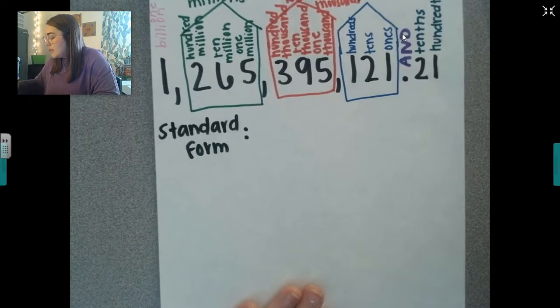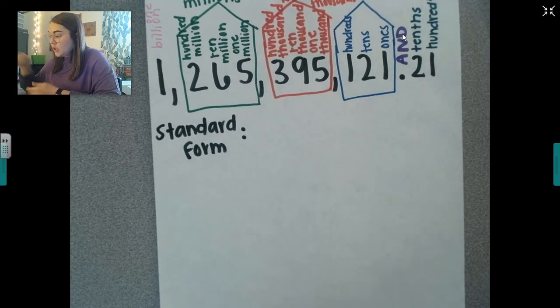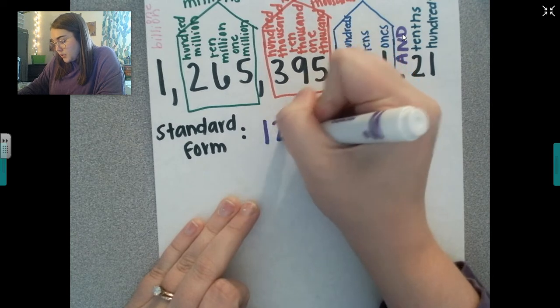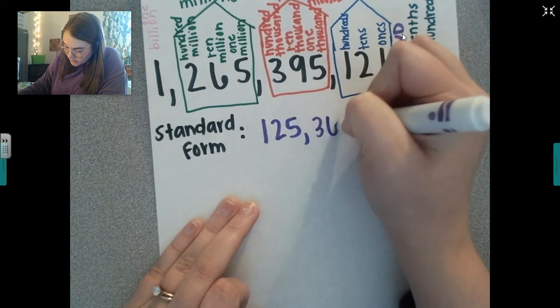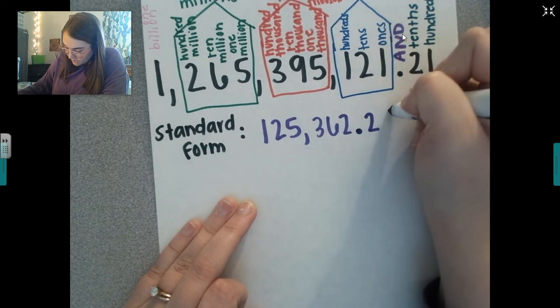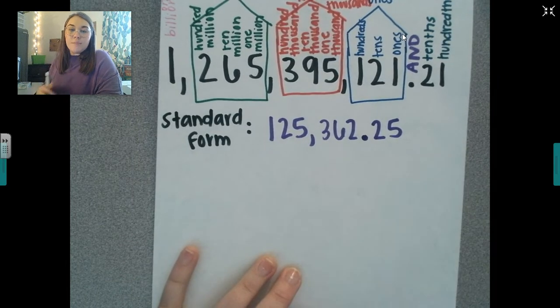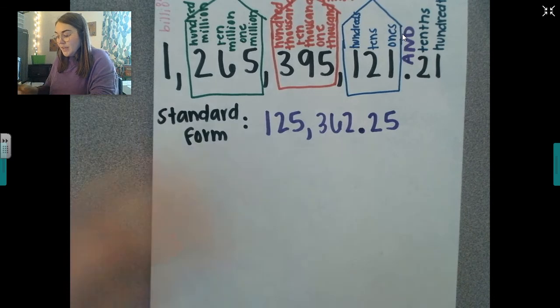So for example, a number in standard form might look like, we're going to do 125,362 and 25 hundredths. So that is standard form. That's the normal way that you're used to seeing numbers.